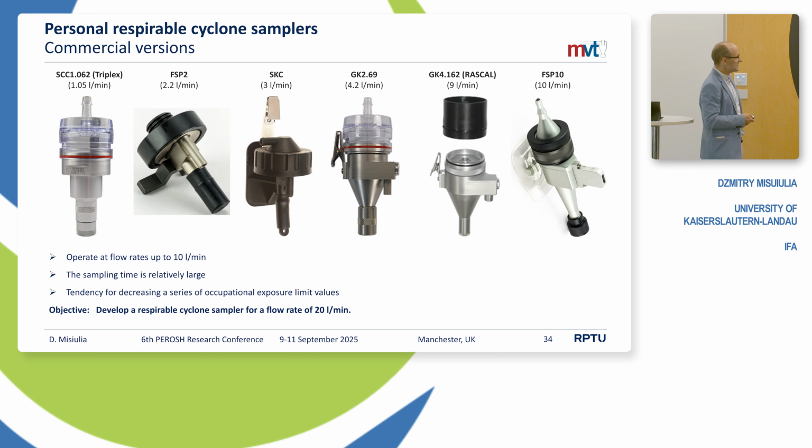Therefore, there is a need for samplers which can operate at a larger flow rate and are able to collect the required mass on the filter for gravimetric analysis. The main objective of this project is to develop a respirable sampler for a flow rate twice larger than available on the market, so for 20 liters per minute.